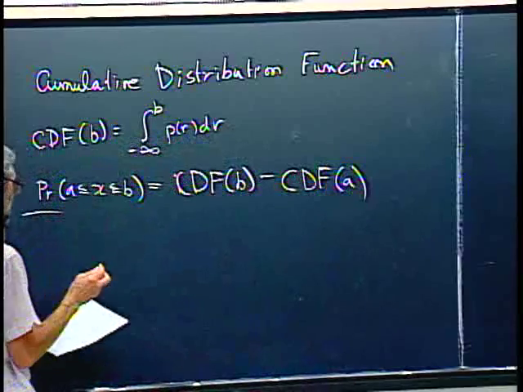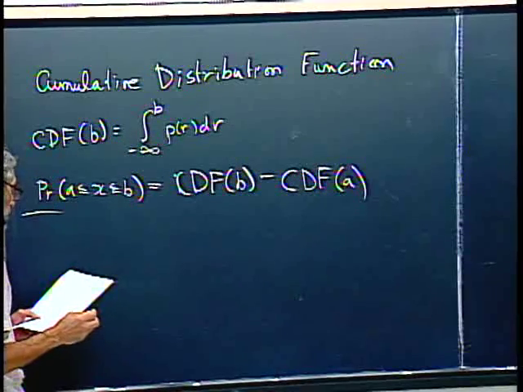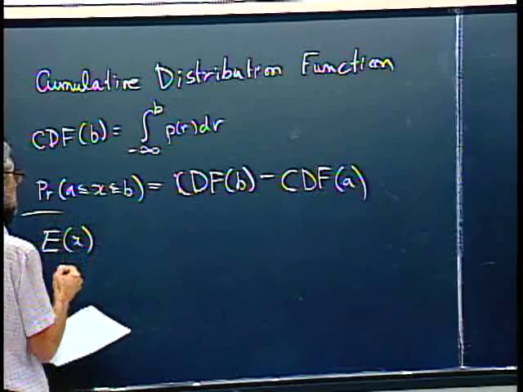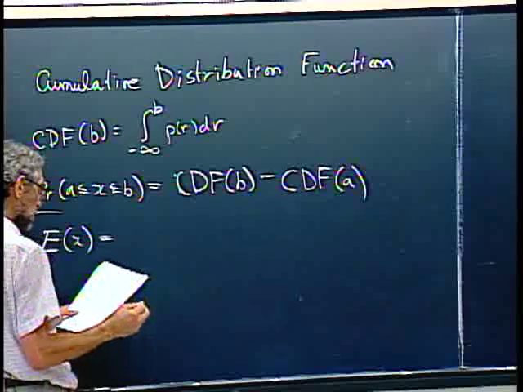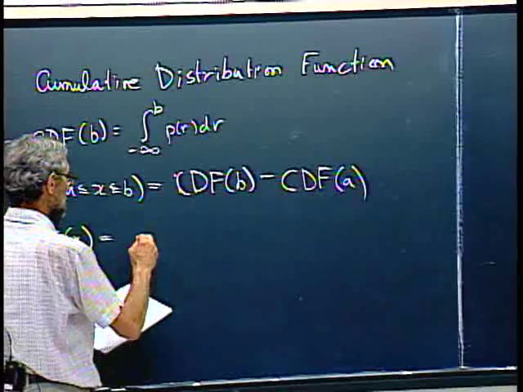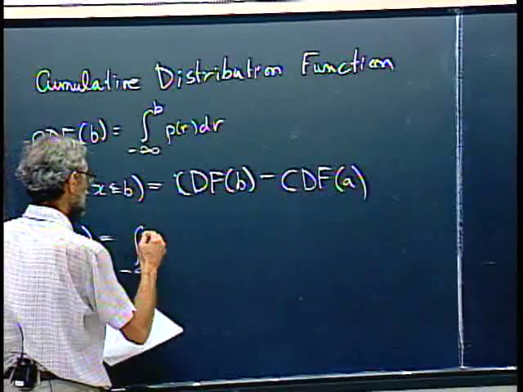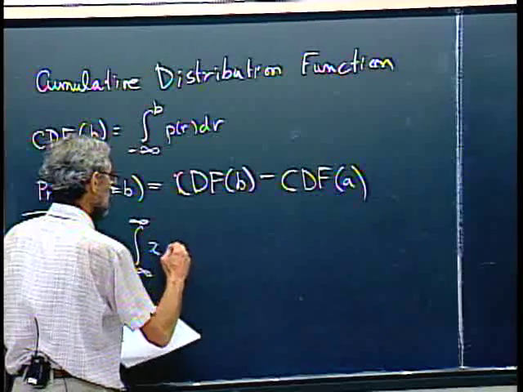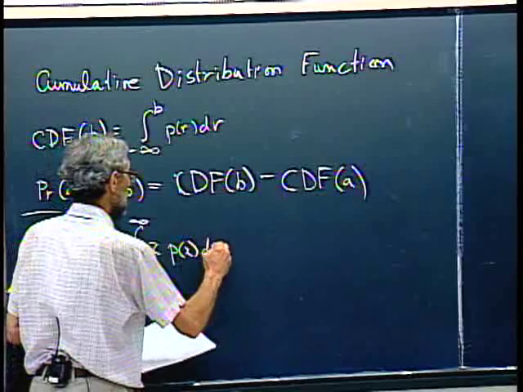Well, once we have this continuous variable, we can still talk about expectation. The expectation of a random variable, or I could have stuck a function in here too, is the integral from minus infinity to infinity of x times the probability density of x dx. Right?